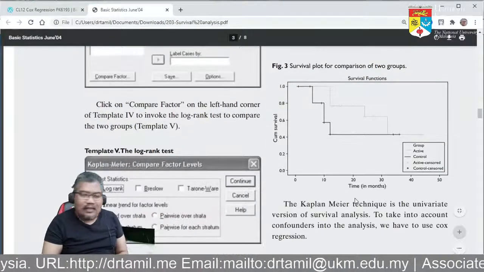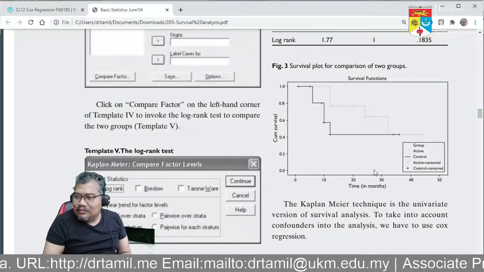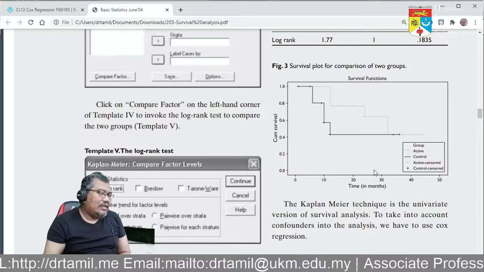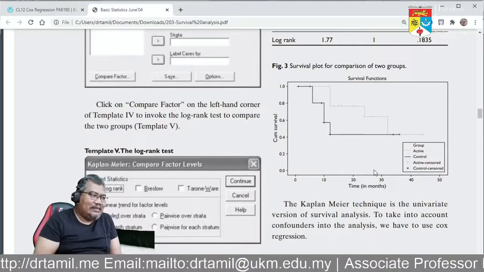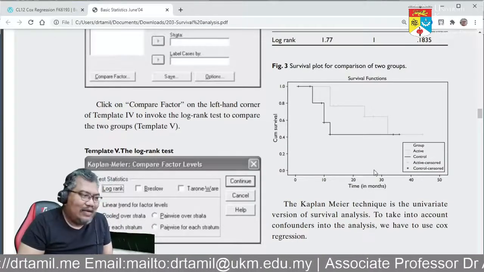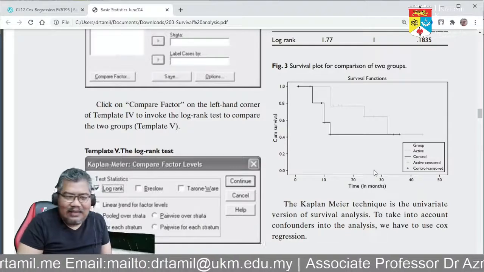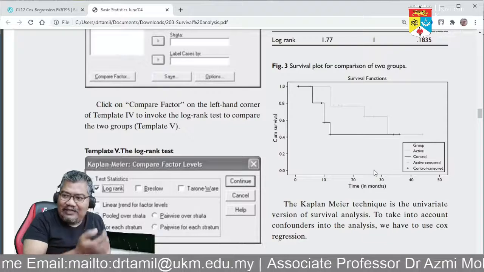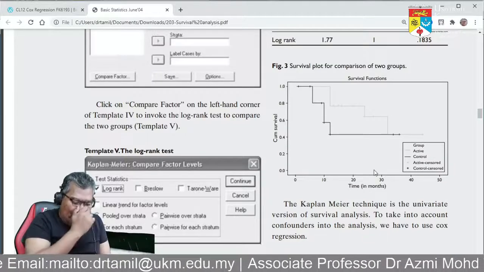We already did the survival analysis. We already showed you the Kaplan-Meier technique. To simplify matters, Kaplan-Meier is like your chi-square. It is the univariate version of survival analysis.